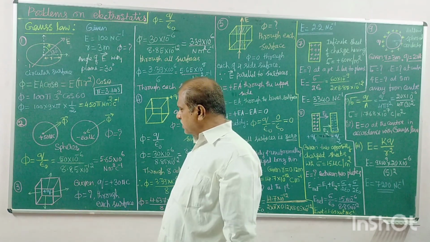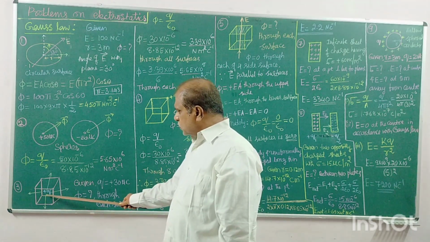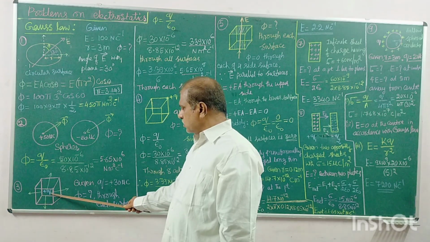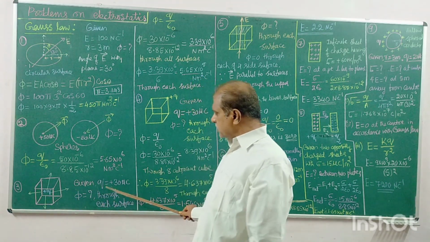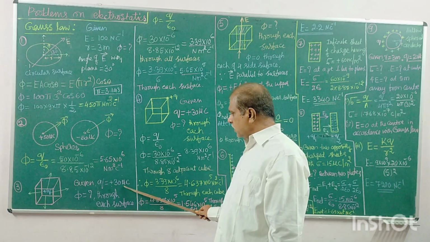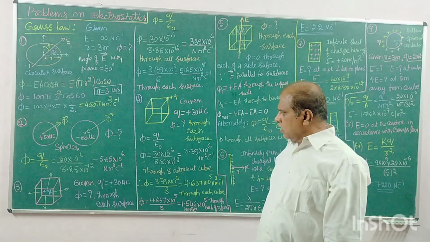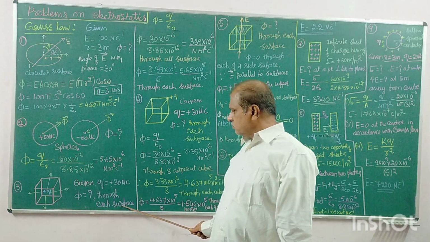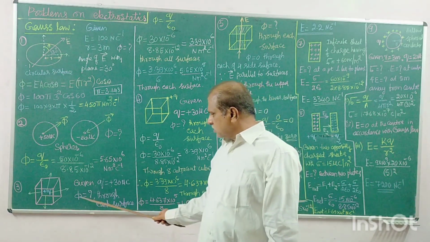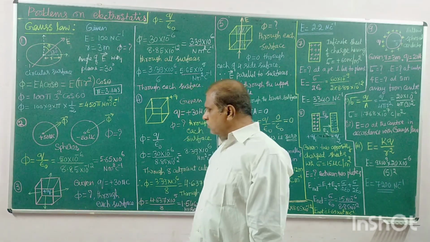The problem says at the center plus Q charge is enclosed. That amount of charge is mentioned, plus 30 microcoulomb. What is the flux through each surface? That is, the electric flux through each and every surface of the cube.